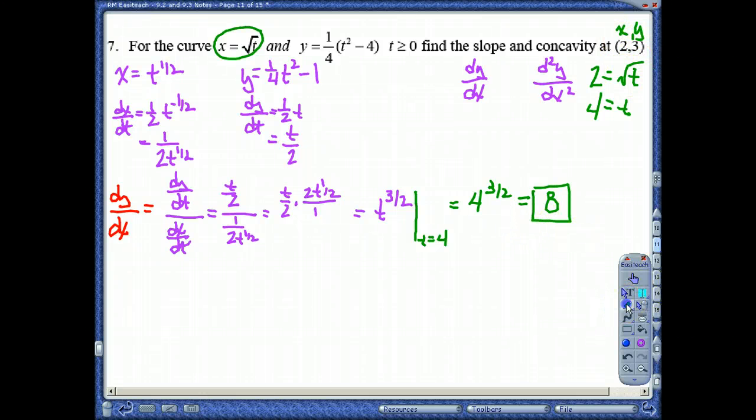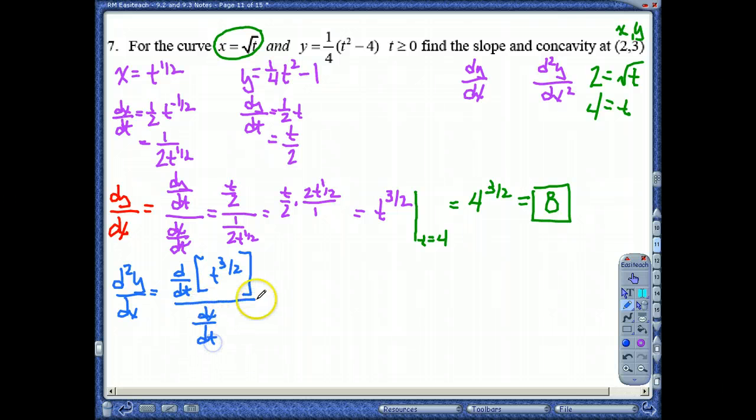Now I'm going to find the second derivative because I need to talk about concavity. So I need to find the derivative of this, and then divide it by dx over dt.